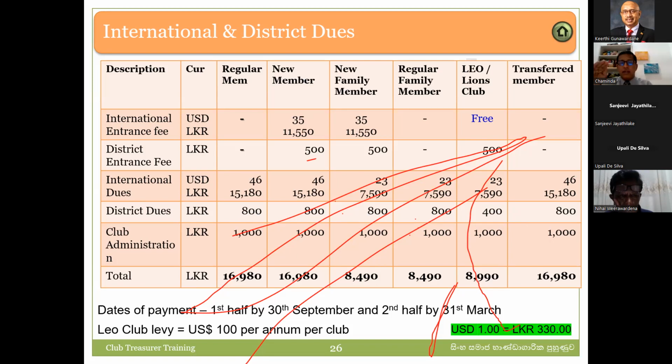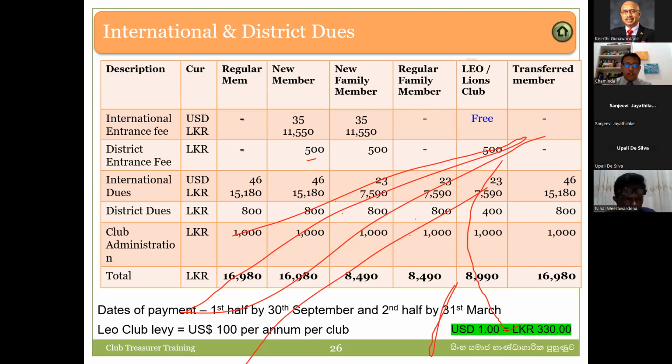For a family member the international dues are half, $23 for new and existing family members, for the full year, but the district does not reduce. The district has to be paid 1100 for the full year.